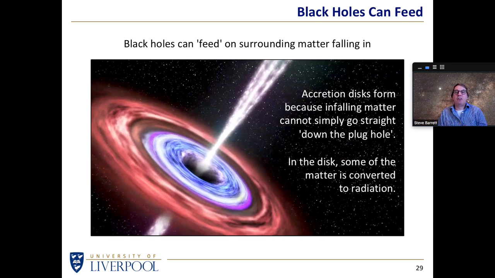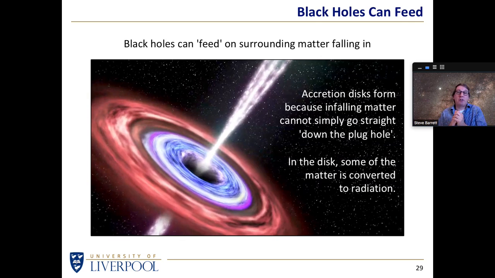As the accretion disk forms, it gets hot, and that can radiate visible light, radio waves, X-rays, etc. It's actually a very efficient process. Matter falling into a black hole is a very efficient way of turning matter into energy or radiation.